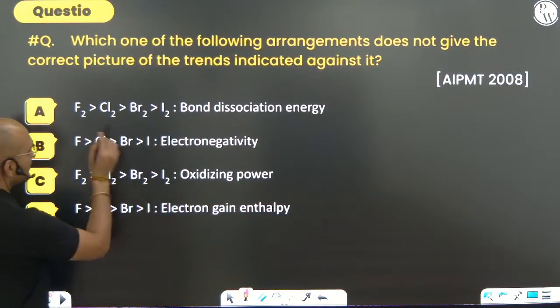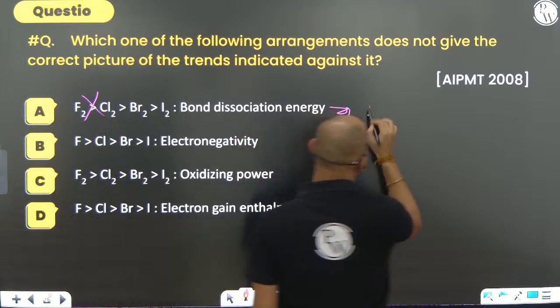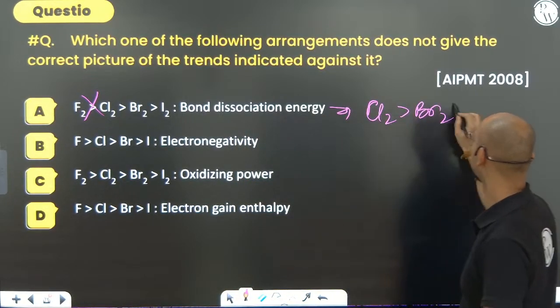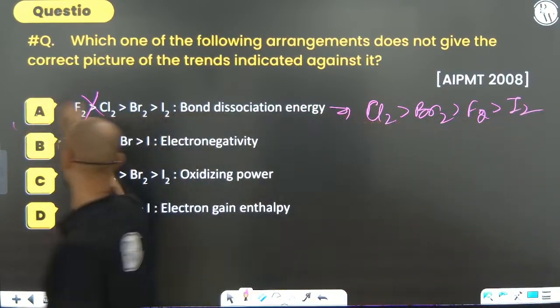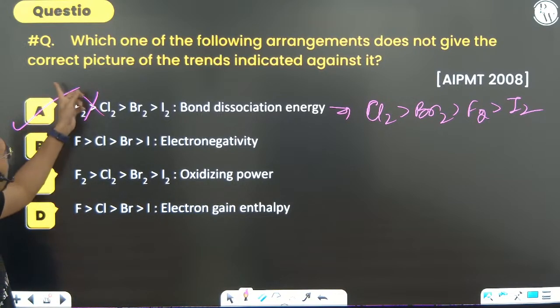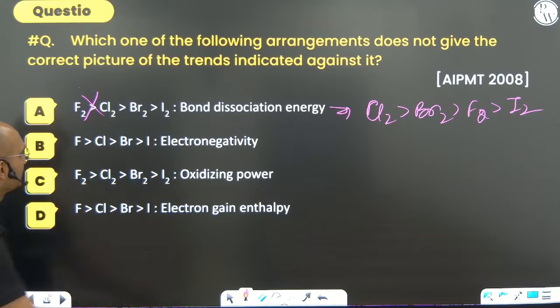Bond dissociation energy: please remember, it is chlorine more than bromine, more than fluorine, more than iodine. So option A is incorrect. Electronegativity: fluorine is more than chlorine, yes. Option B is the correct one. Not a big deal.